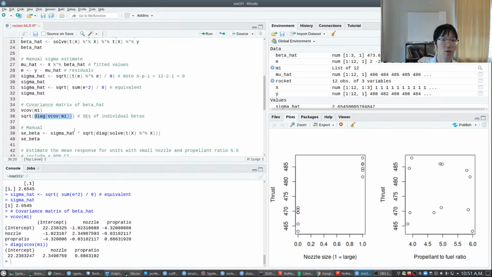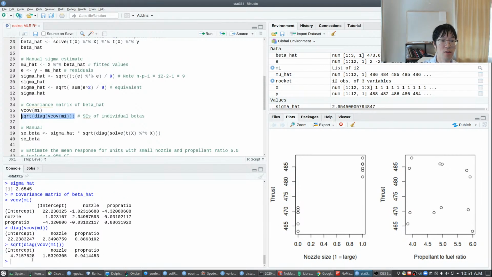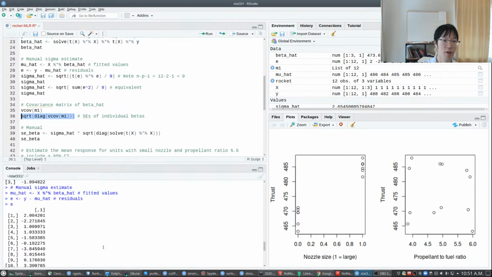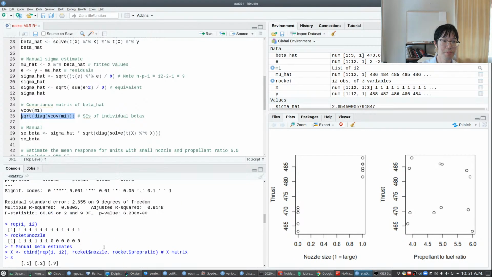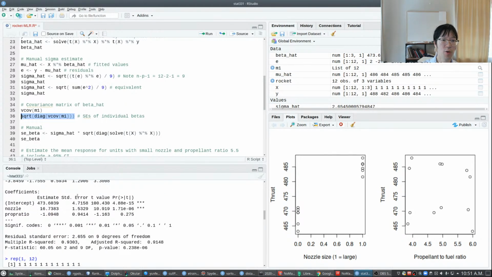The standard errors are the square roots of the estimated variances, so I take the square root, and the vector gives us the standard errors for these three parameters: 4.7, 1.5, 3.94. Again, you see that matches the values we see in the standard error output of the model.